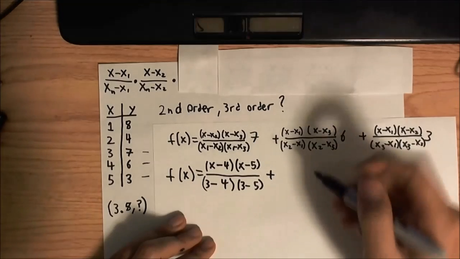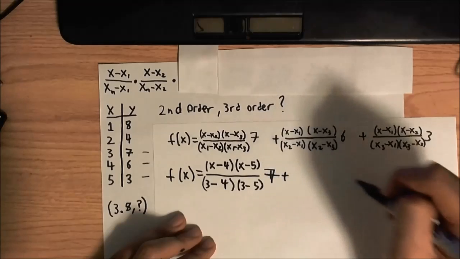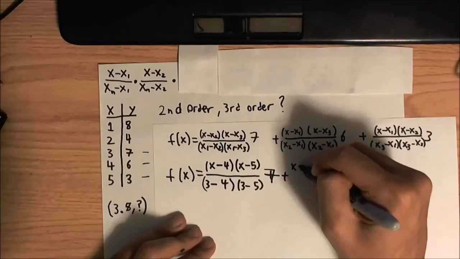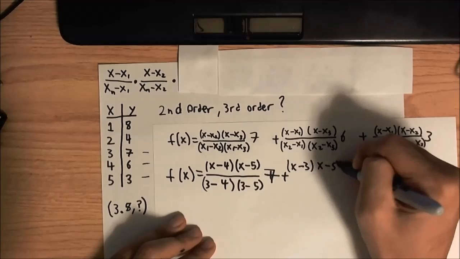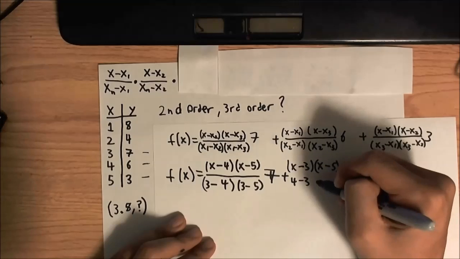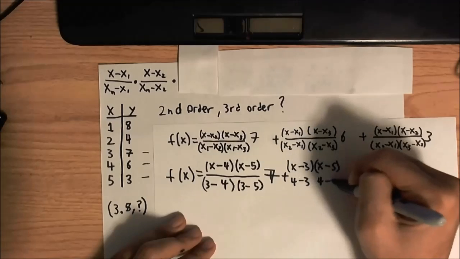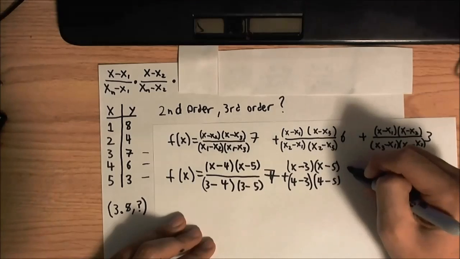We plug in the points for the remaining two terms, making the second term equal to (x minus 3) times (x minus 5) over (4 minus 3) times (4 minus 5). Multiply that by your function value.